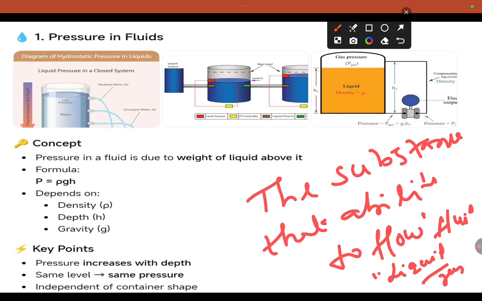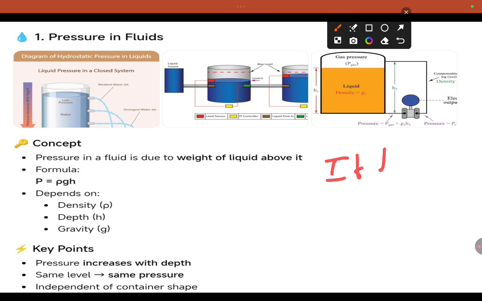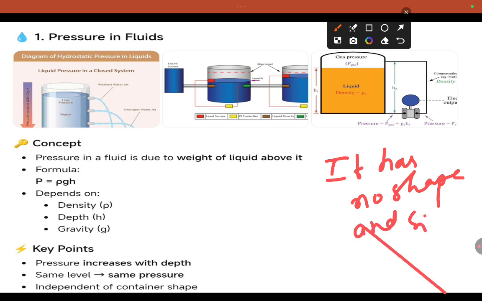Properties of fluid. First of all, what is fluid? Fluid is nothing but that which has the ability to flow. If you consider the properties of fluid, it has no shape and size.